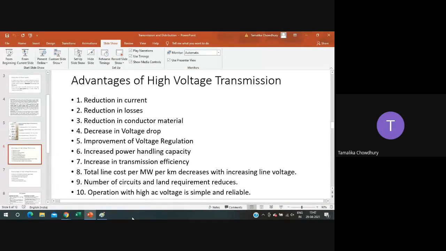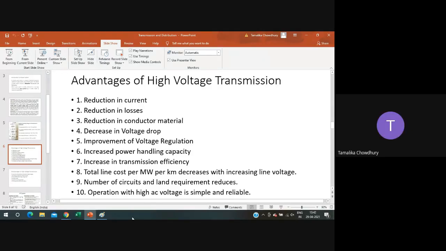These are the reasons why it is carried out at high voltage. You have to explain these advantages with parameter-wise formulas or terms, how they come and how they are derived. So all the derivations till now are clear, I hope, everyone. Yes, ma'am. Clear, ma'am. Okay.